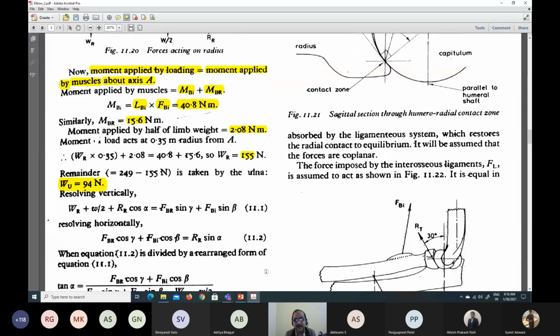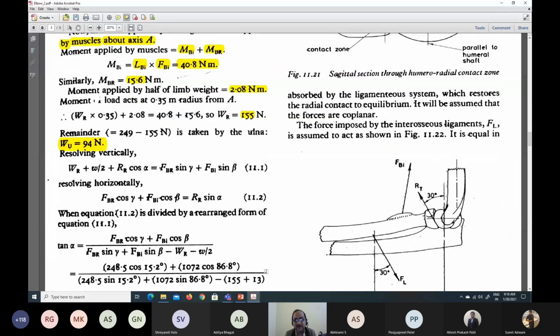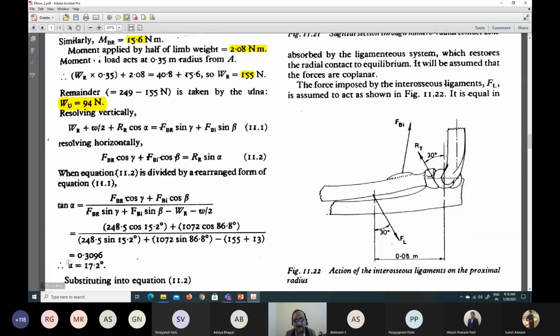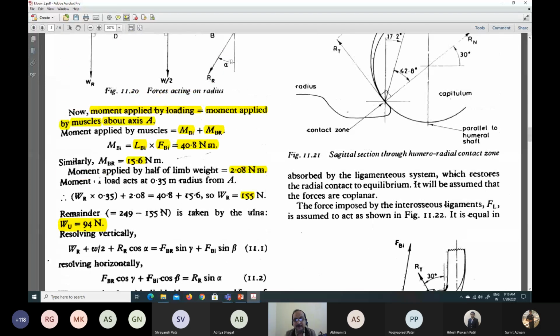So if you rearrange, you can easily find out the angle alpha, which is this. You can see the angle at which the RR is inclined, as shown in the figure.